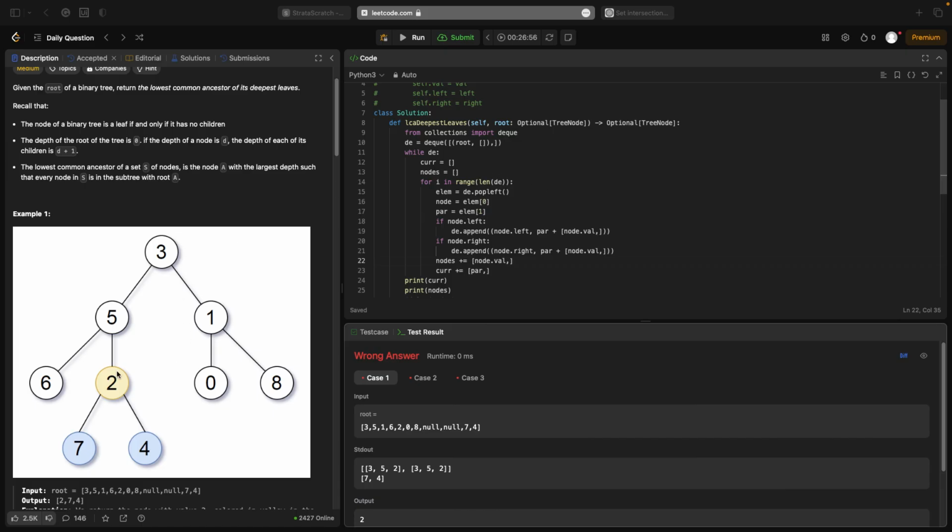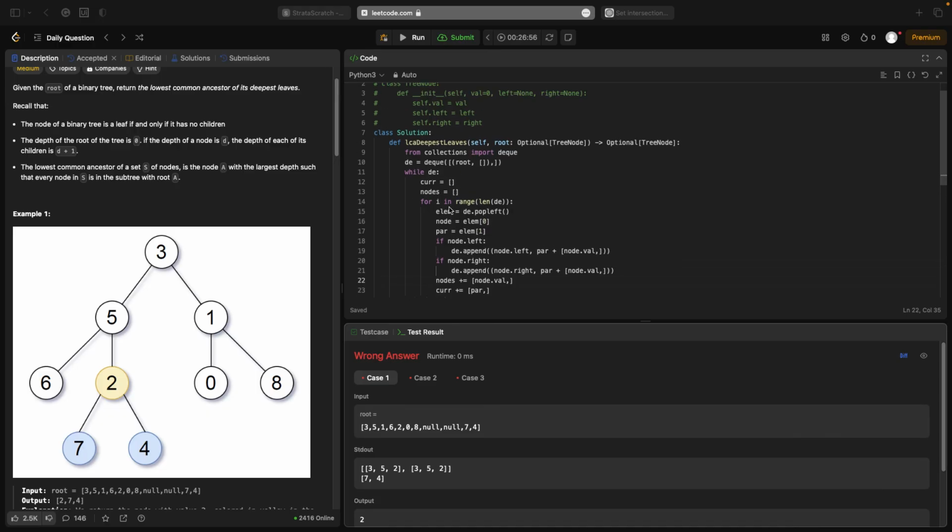For example, for 7, I'll keep track of 2, 5, and 3, and for 4, 2, 5, and 3, etc. So the idea is to refresh the current and nodes arrays. These arrays contain the parents of the current level and the nodes of the current level, and they refresh as we go to each level.